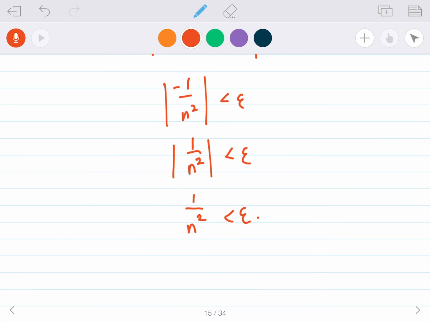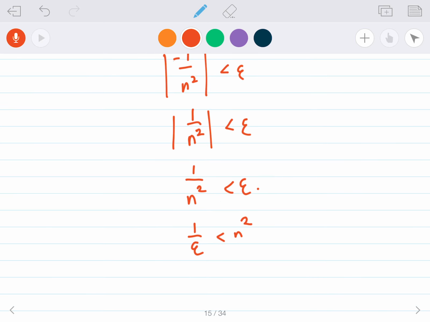Multiplying both sides and dividing, we get little n squared is bigger than 1 over epsilon. Notice I'm not worrying about signs flipping because n squared is always positive and epsilon is always positive. When I take the square root, again, epsilon is positive, so I don't have to worry about a sign flip. I get that little n is greater than 1 over the square root of epsilon. And that's going to tell me what I need to choose for capital N.